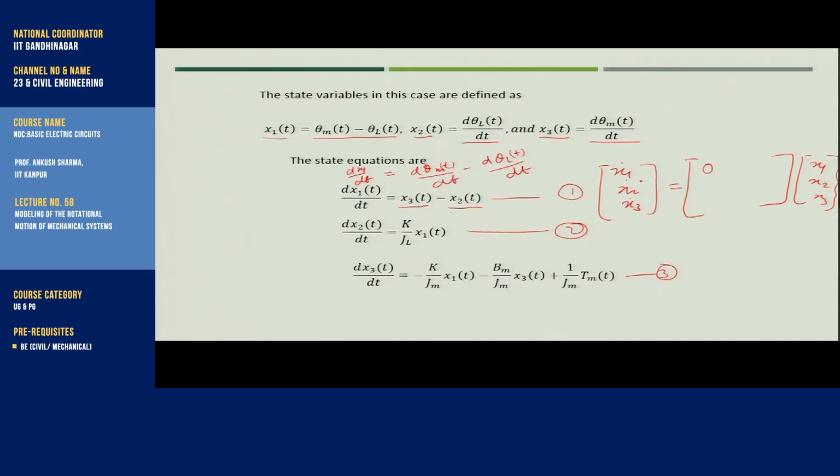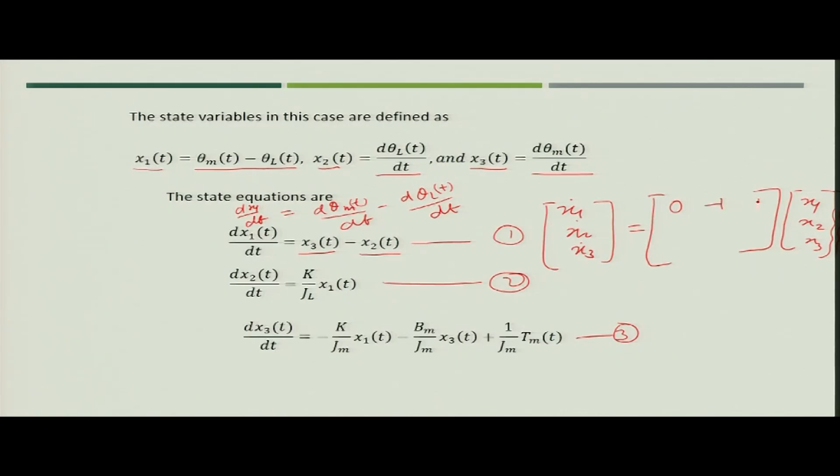For x1 it is 0, x2 is minus 1, x3 is plus 1. For second you have k by jl, rests are 0. For third one you write minus k by jm, 0, minus bm by jm. So, this is what you have got as matrix A.